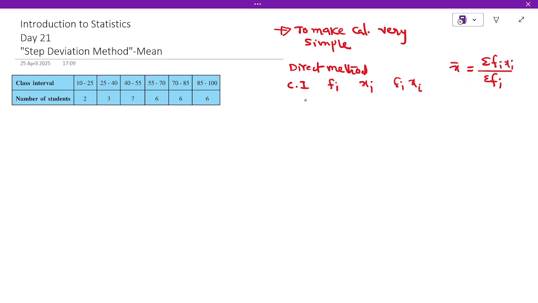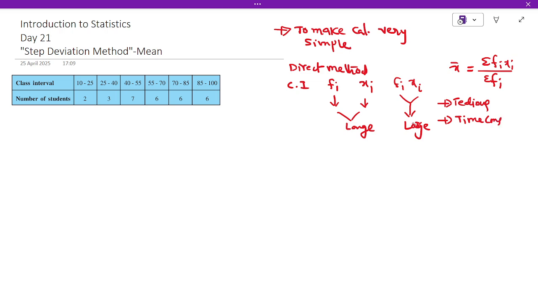If these numbers fi and xi are large, then the product of these two numbers is also going to be large, so taking the product and the sum becomes tedious and time consuming.